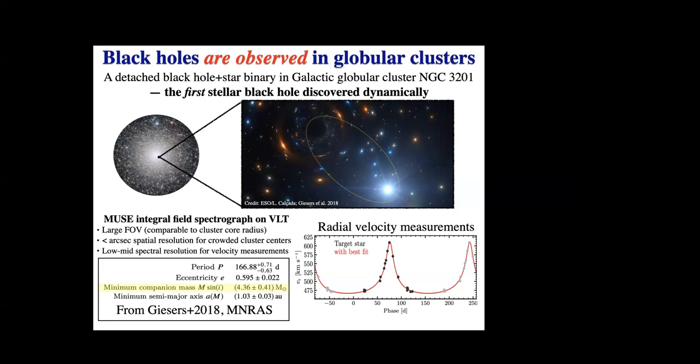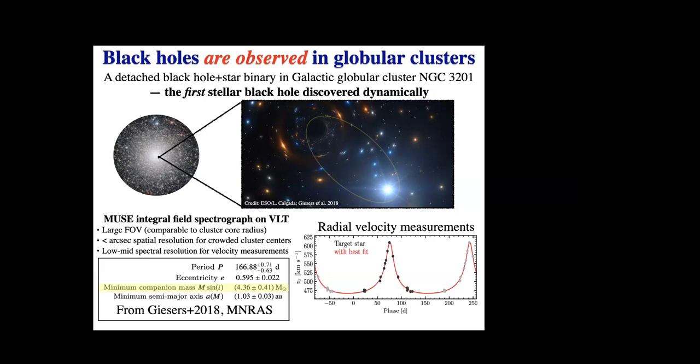Initially they were just trying to constrain binary fractions in clusters, and, I won't say by luck, but accidentally, they found this one particular star in NGC 3201, again, a fairly typical Milky Way globular cluster, that had a radial velocity orbital solution consistent with a companion of a minimum mass of about 4.5 solar masses.